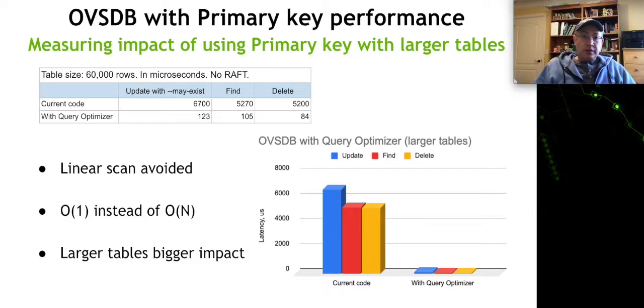With larger tables, we see a much more significant impact. This is in microseconds, but the realization here is that we're now talking about something like 10 milliseconds just to traverse a table for one query. So the good news is, the larger the table, the more impactful this change can be.